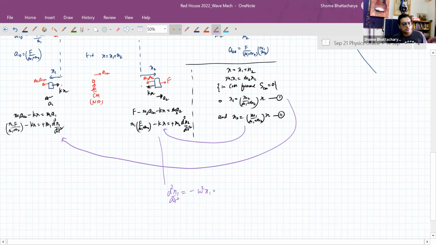So anyway, so this will become minus, plus, okay, where omega square is equal to, because the inverse of this relation is that, reduced mass.